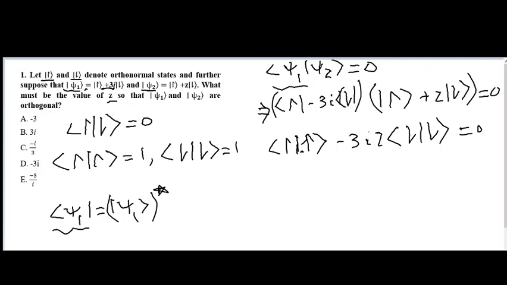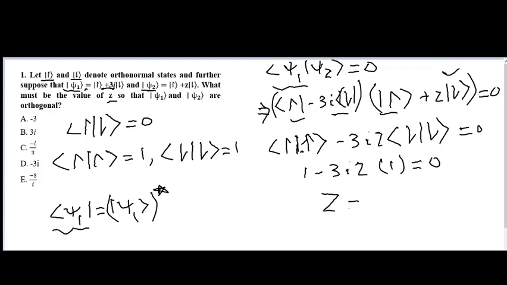The product of this term with this term yields us 0, and similarly the product of this term with this term gives us 0. Now this inner product of up state with up state is 1, and similarly the inner product of this down state with down state is 1, which is 0.